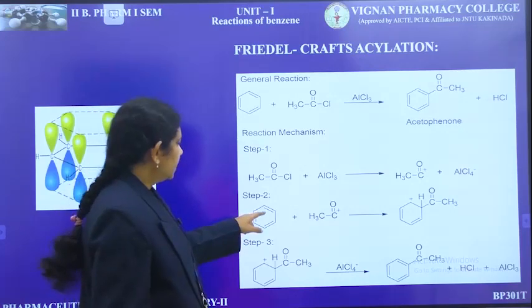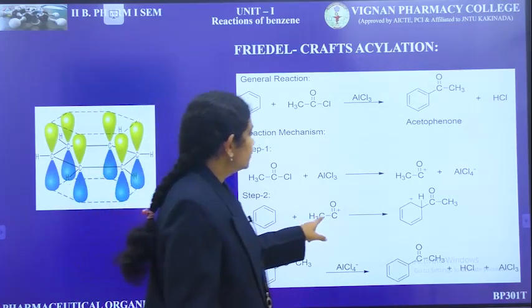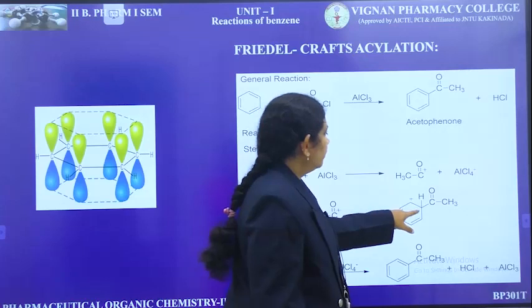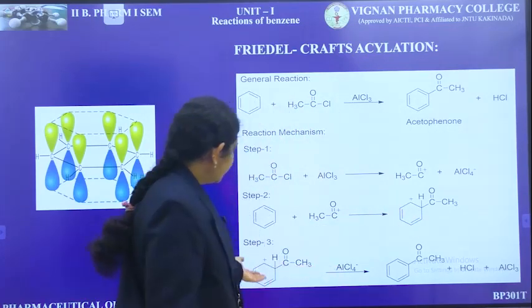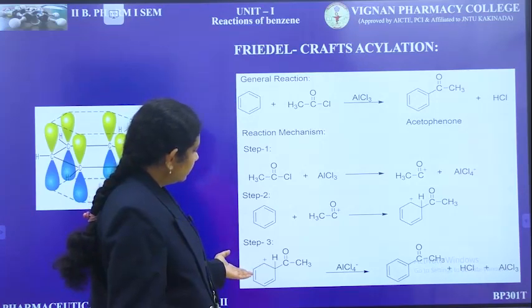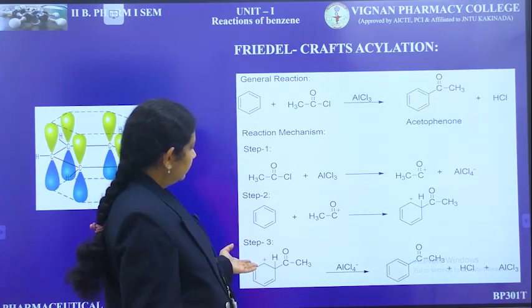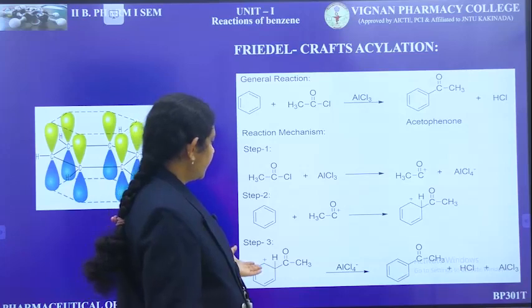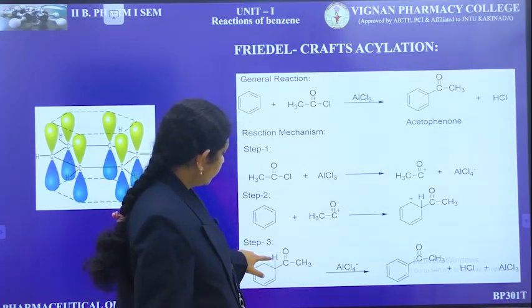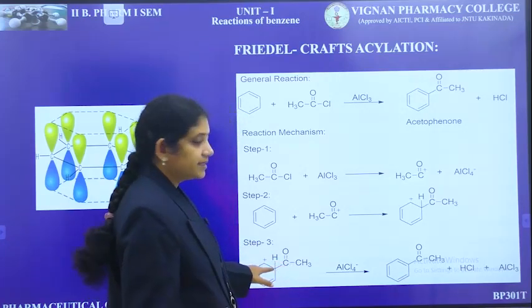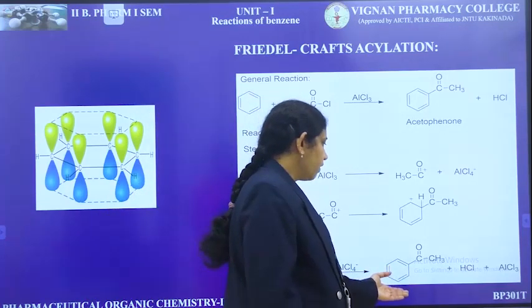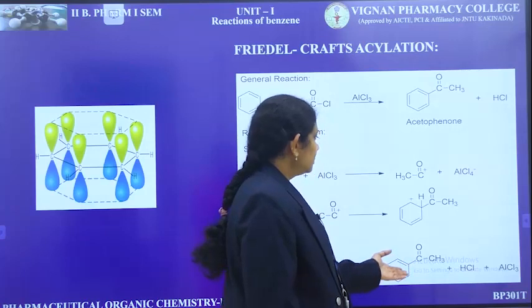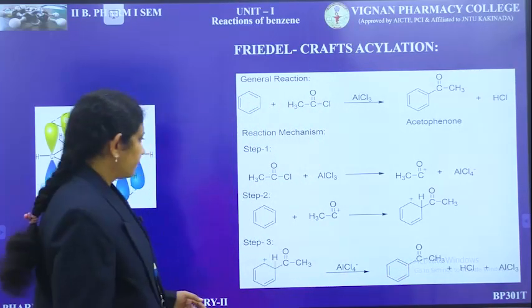That way it forms a new sigma bond with this carbon atom, forming an intermediate like this, and this intermediate is stabilized through the release of the proton where the acetyl moiety is attached. That way it forms the stable product, acetyl benzene or acetophenone.